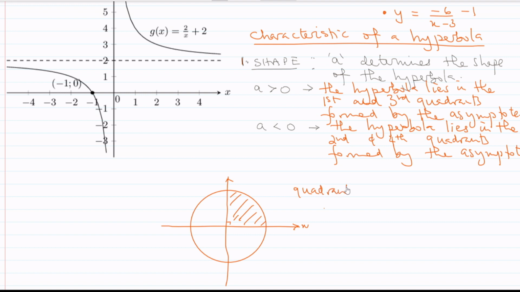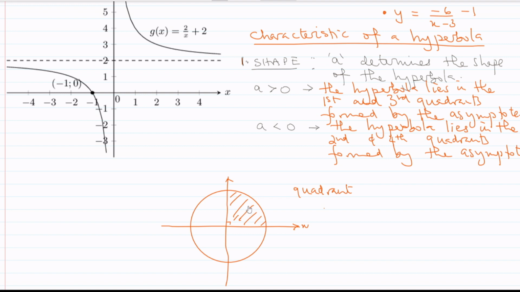Remember, quadrant, quad refers to 4. So you've got the 4 sections, 4 areas. This one, that, and that. So you've got 1, 2, 3, 4 quadrants. So when you draw a circle and you draw the axes from the center, you have the first quadrant.